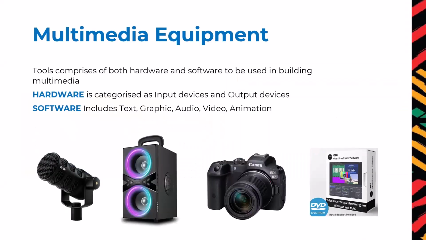Generally, there are other things that you need to consider when you talk about multimedia. One is hardware. The hardware can include your cameras, your computer, your microphone, and your speakers. This will basically be used as an input device.